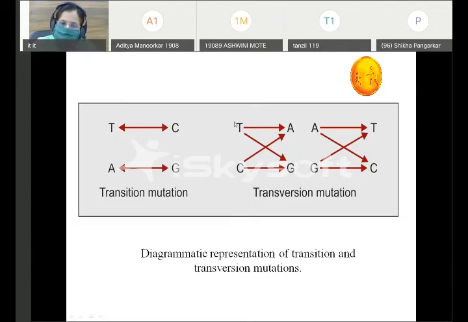In a similar way, pyrimidines are substituted by purines. T is substituted by either adenine or guanine. C is substituted by either adenine or guanine. So these are the types of point mutations: transition and transversion.